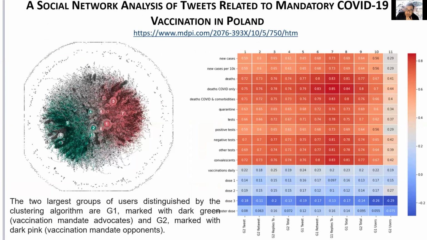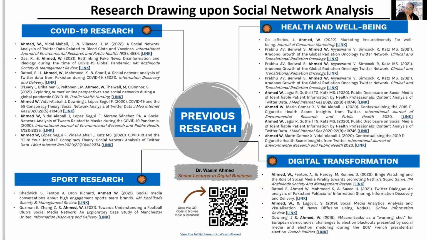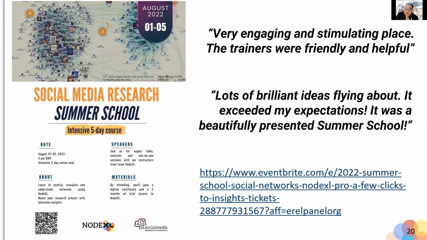We've also taken data out of NodeXL, put it in other tools, and run a correlation analysis with medical data. So there's all sorts of different things you can do. We've been using NodeXL to analyze a wide variety of topics: public health, popular culture, sport, and so forth. So there's a lot of scope with this particular application.